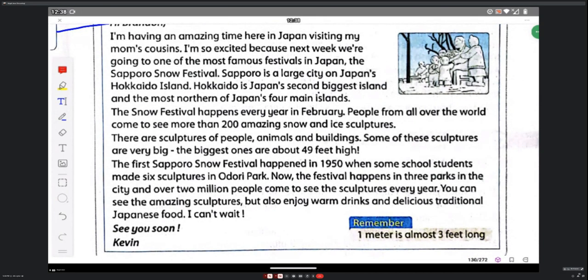Now the festival happens in three parks in the city, and over two million people come to see the sculptures every year. You can see the amazing sculptures, but also enjoy warm drinks and delicious traditional Japanese food. I cannot wait, Kevin.